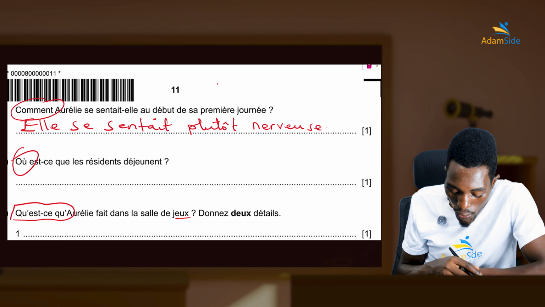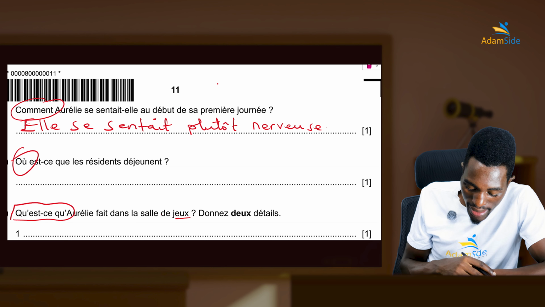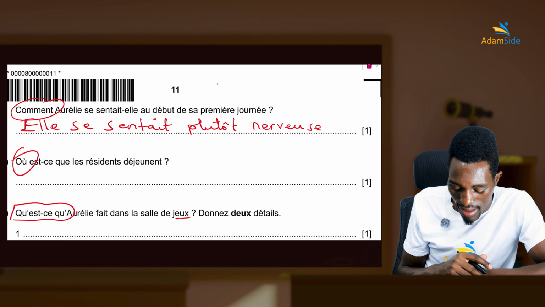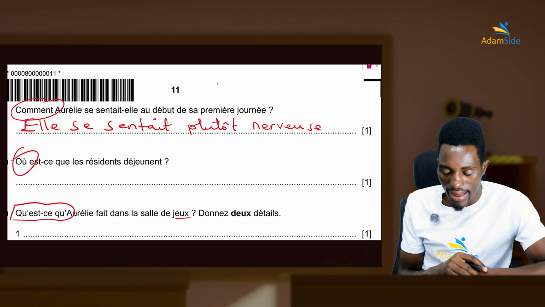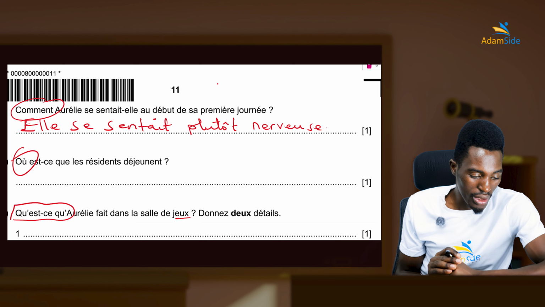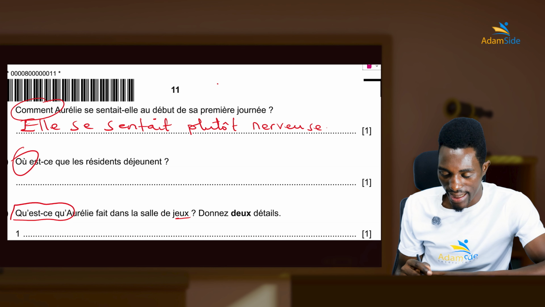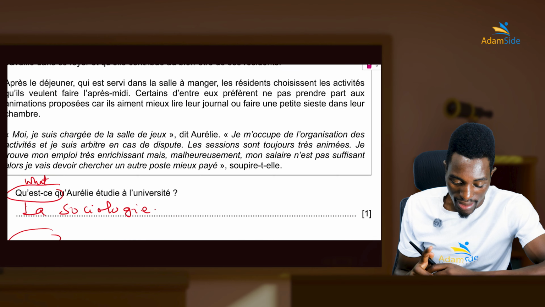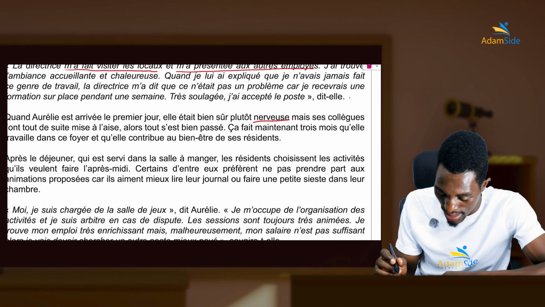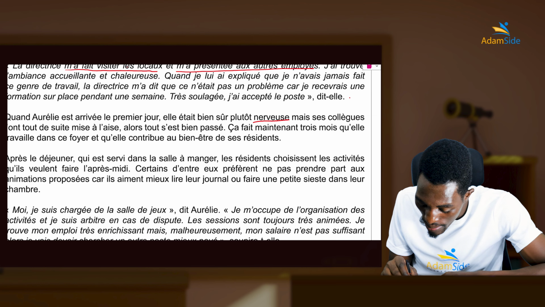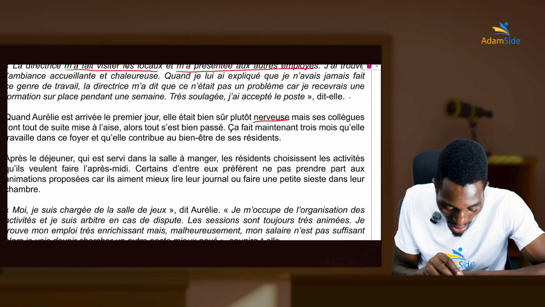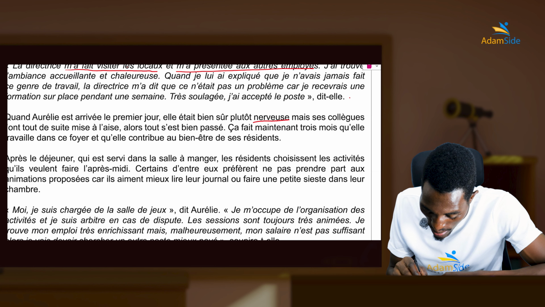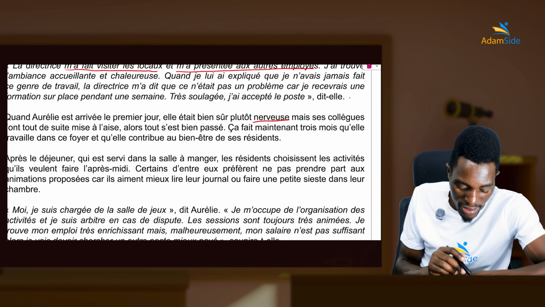Où est-ce que les résidents des jeunes, where do the residents eat? Where are they taking food? Let's go to the text and find the place where they used to eat. This is not explained.